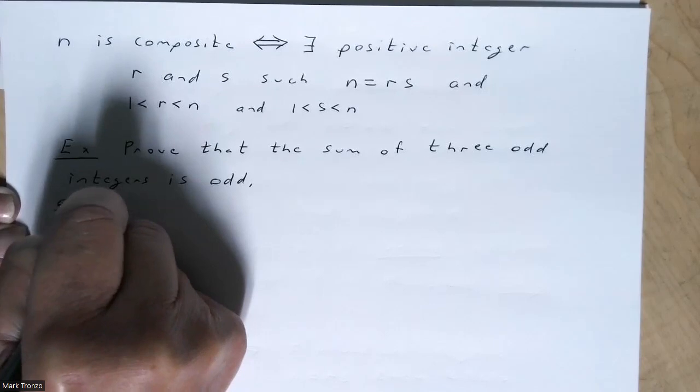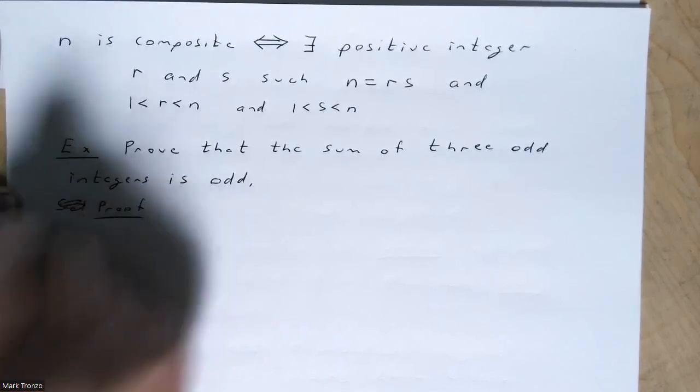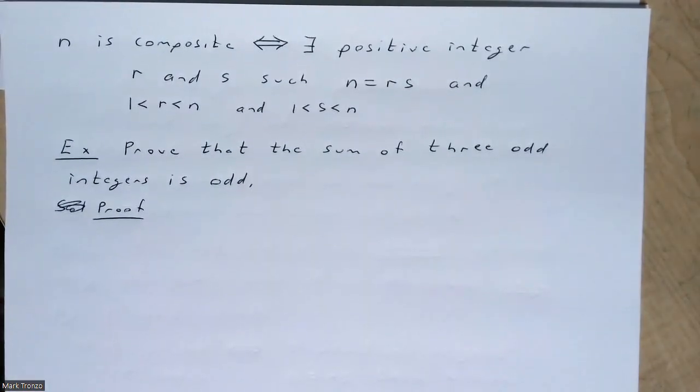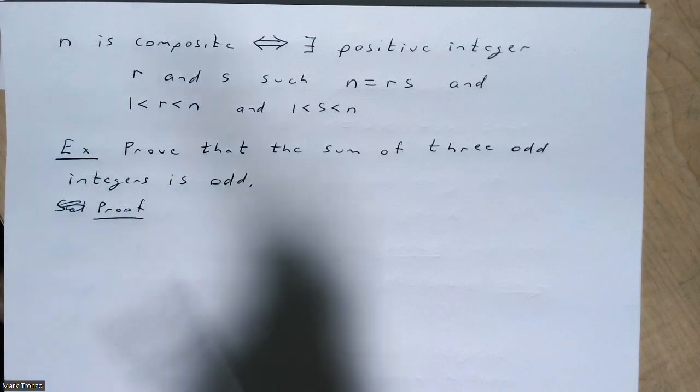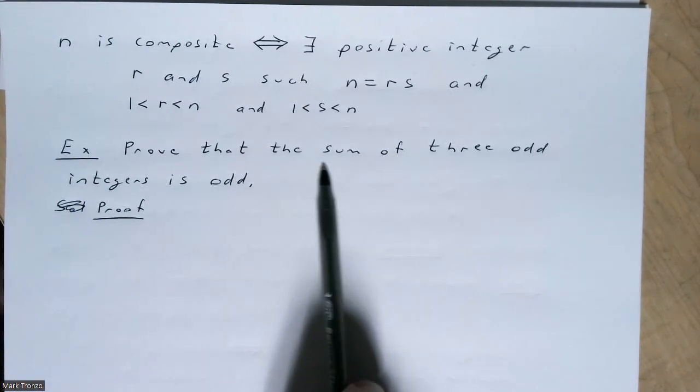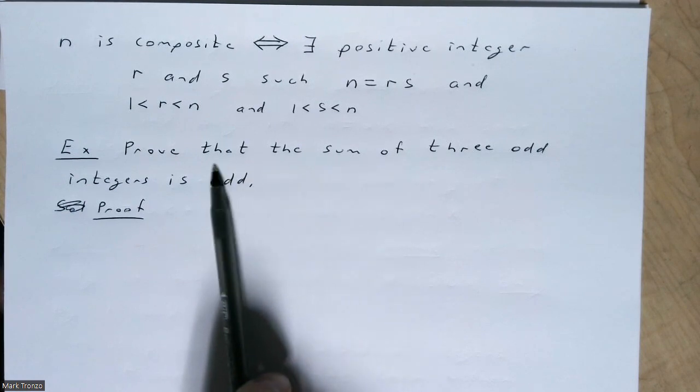And so we'll put proof. You'd say proof or solution. Now, whenever you want to prove something like this, it's very important to start with let. So let, and usually let will be whatever you're starting with here.